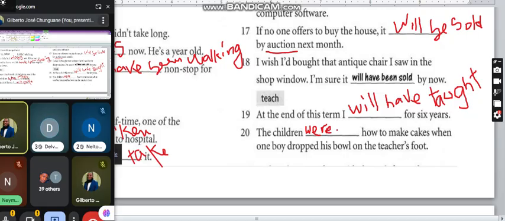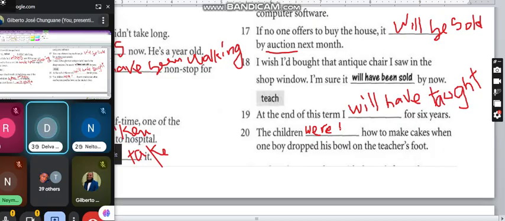Okay, so it should be the children. Can you complete the sentence, Delva? Can you read the full sentence? The children were being taught how to make cakes when one boy dropped his ball on the teacher's foot.